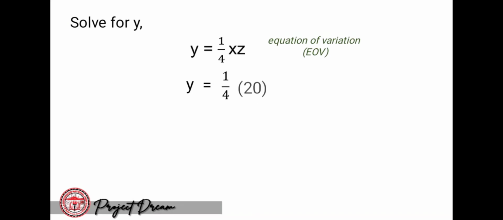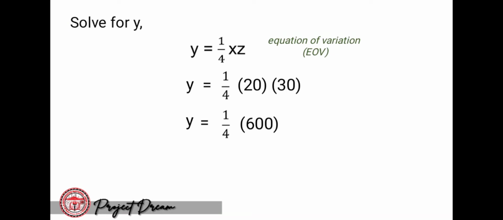And then, substitute natin yung value ni x, which is 20. Value ni z, which is 30. Kopyahin ulit natin si y equals 1/4. And then, 20 times 30, it is equal to 600.